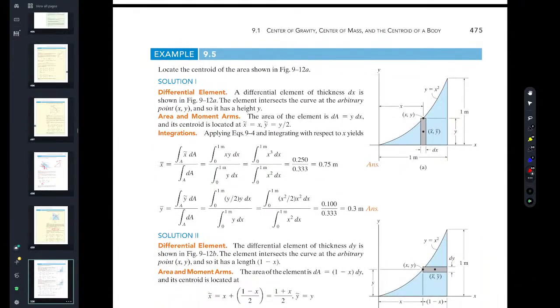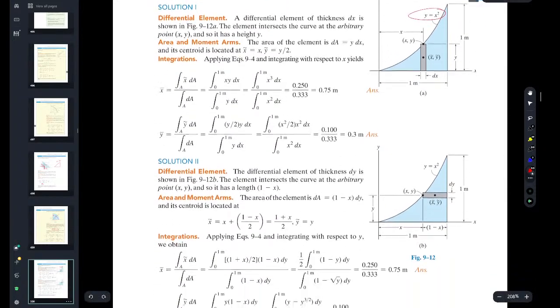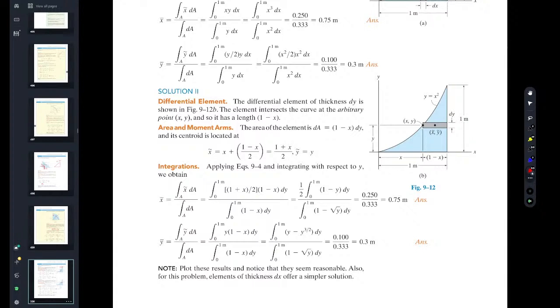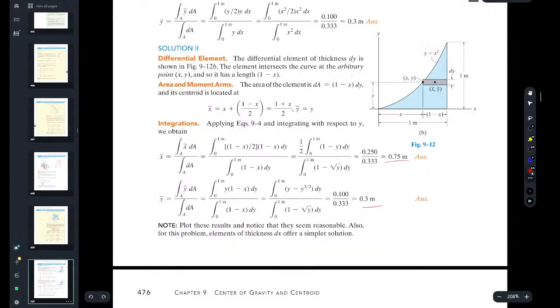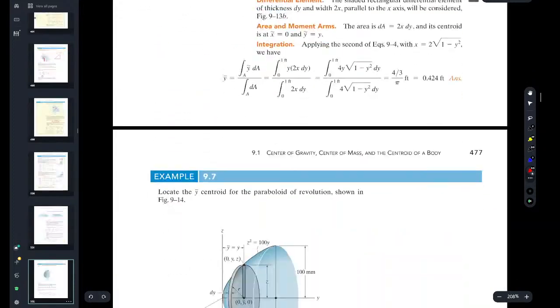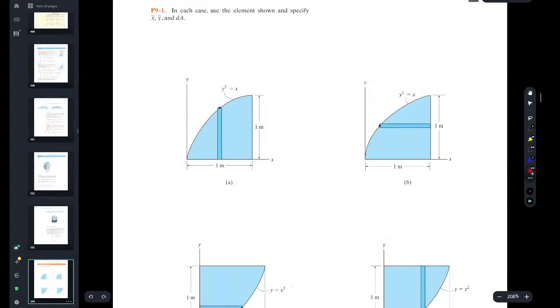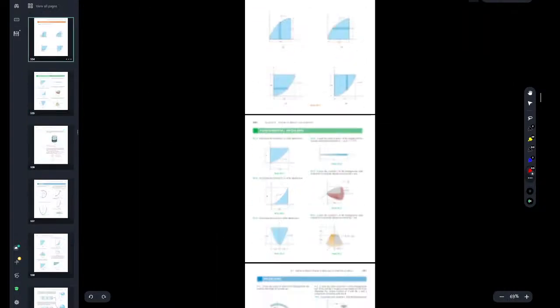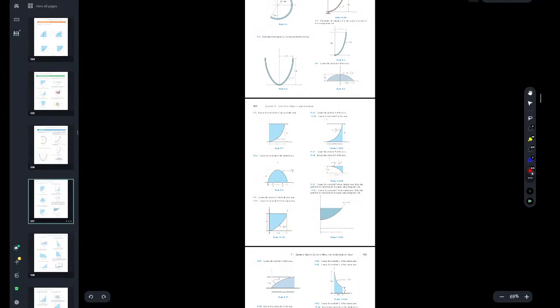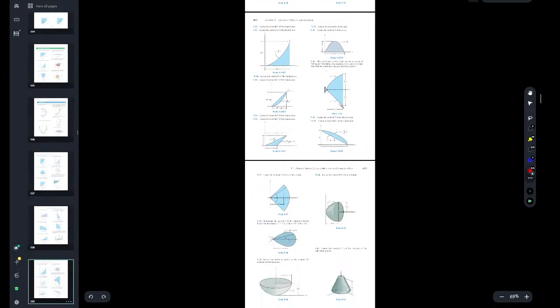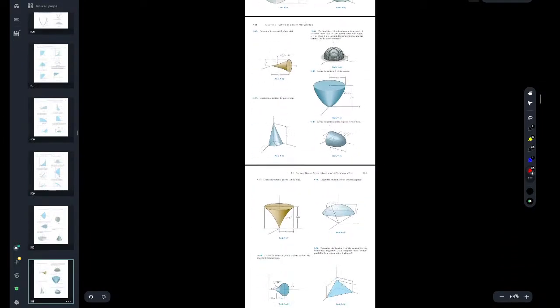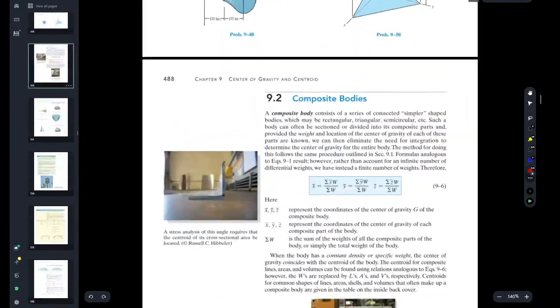Here, I think we actually did this one in the class, I may have put a constant in front of there. I don't know. You integrate it around, you get the x bar and the y bar. Nothing really fancy there. This is just a set of integrations. Now, you'll see a lot of these problems will require you to integrate, as you can see. Some of them are harder than others.